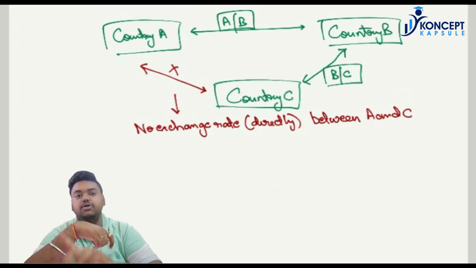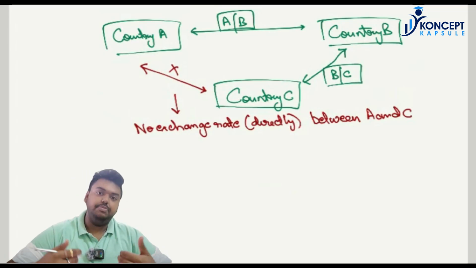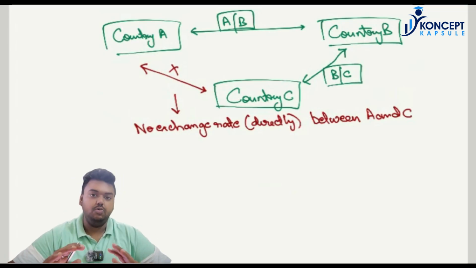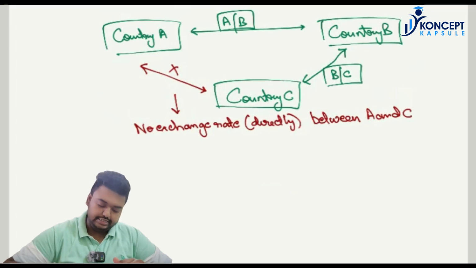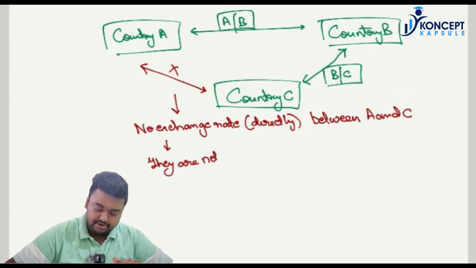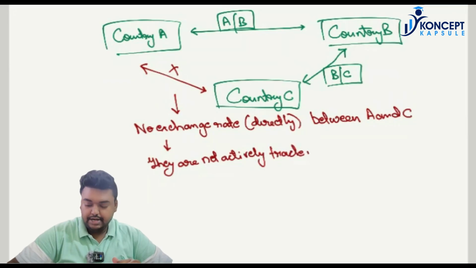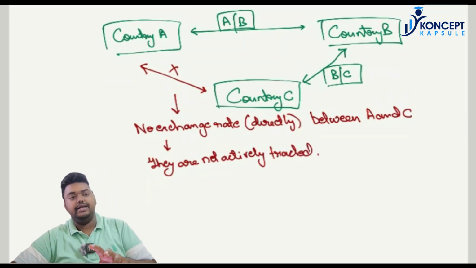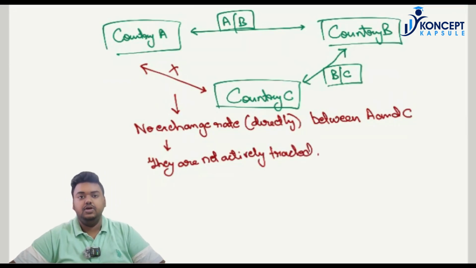Yes, it is possible. Why is it possible? It is possible because of various reasons. One of the major reasons is that they are not actively traded. Since they are not actively traded, there is no direct exchange rate between A and C.